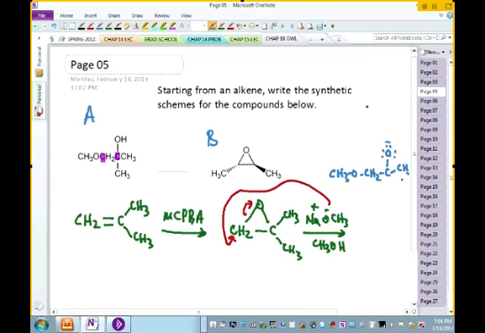Now this is here, and this is here. Now the methanol that is here as a solvent will simply help to protonate this here.